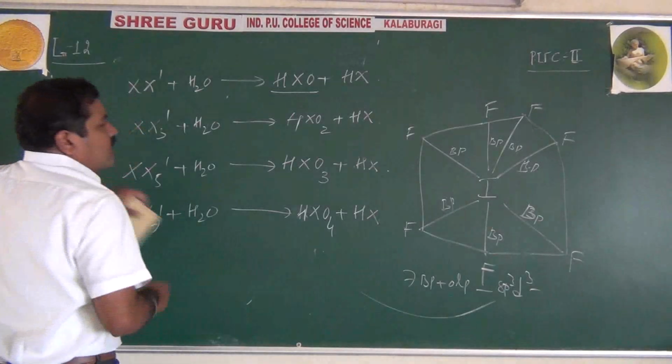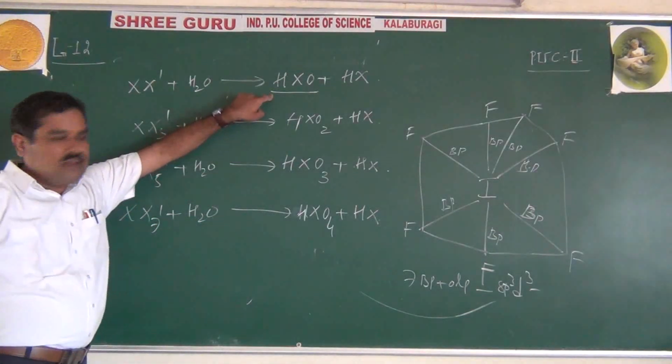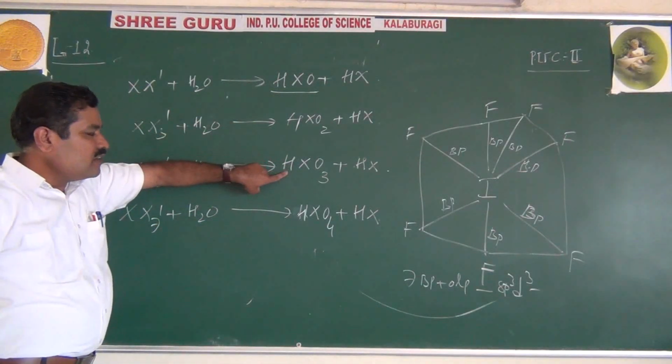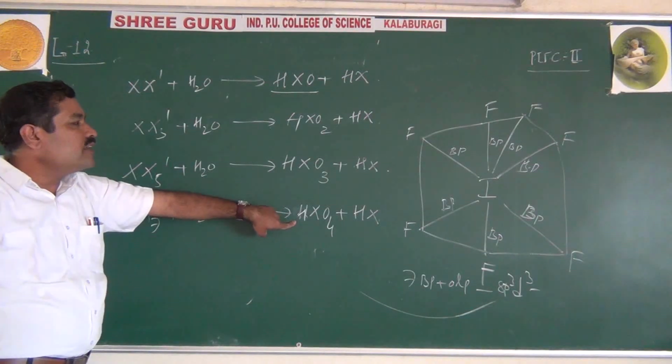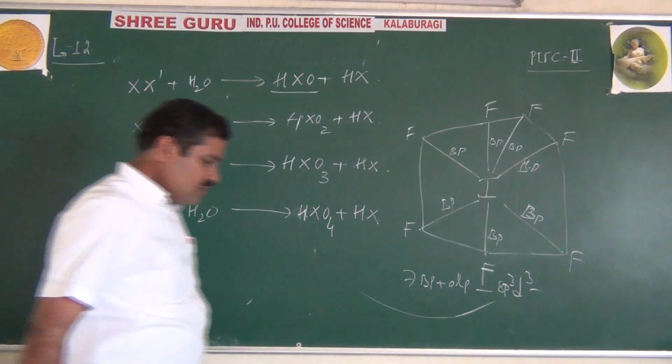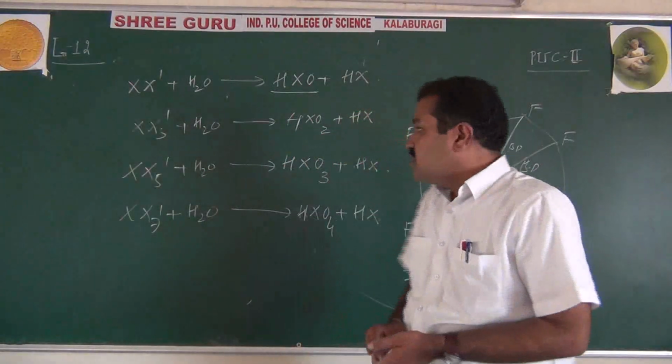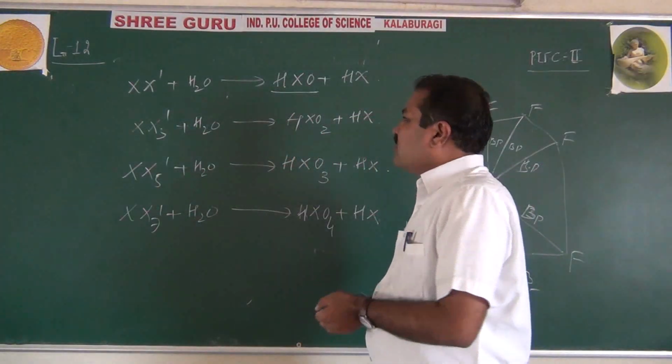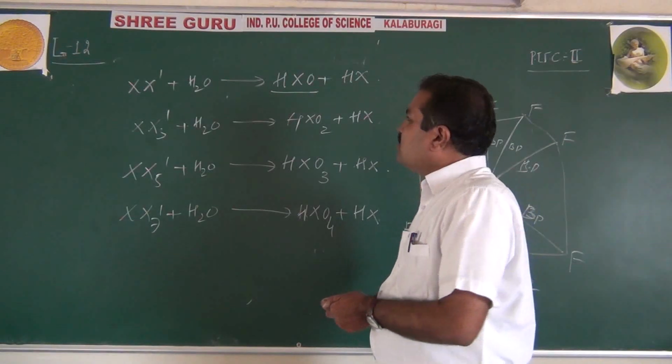Okay, it is called hypohalite, halite, halate, perhalate, derived from this one. So like this, it will undergo hydrolysis, showing that it is more reactive than normal halogens.